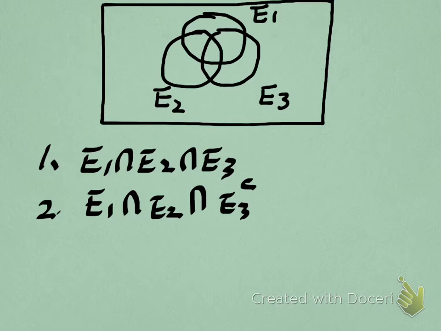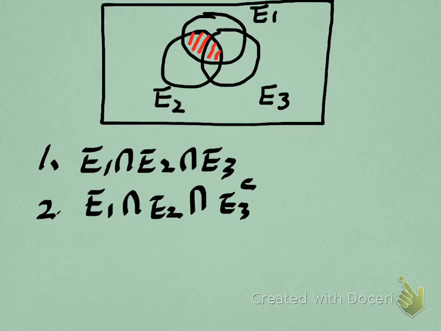This part should be covered by the intersection of E1 and E2. If we look at this graph, the intersection of the circles E1 and E2 is the part we shade in red. This is the part covered by the two circles, E1 and E2.